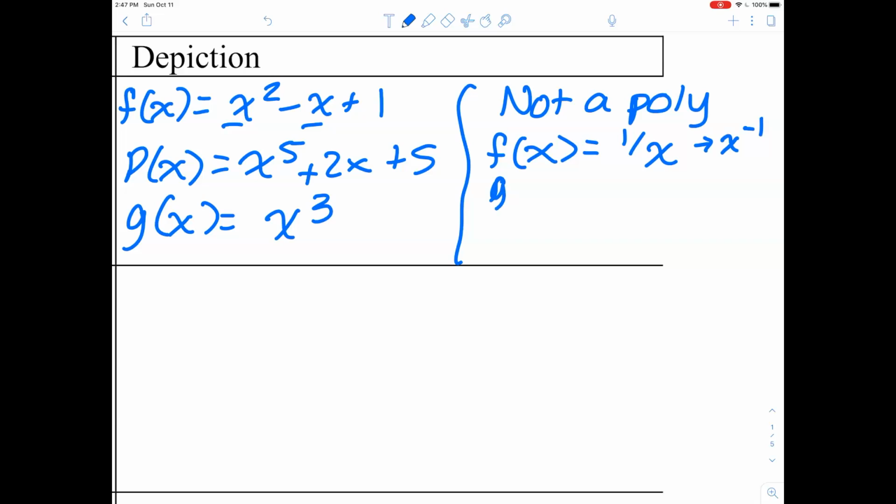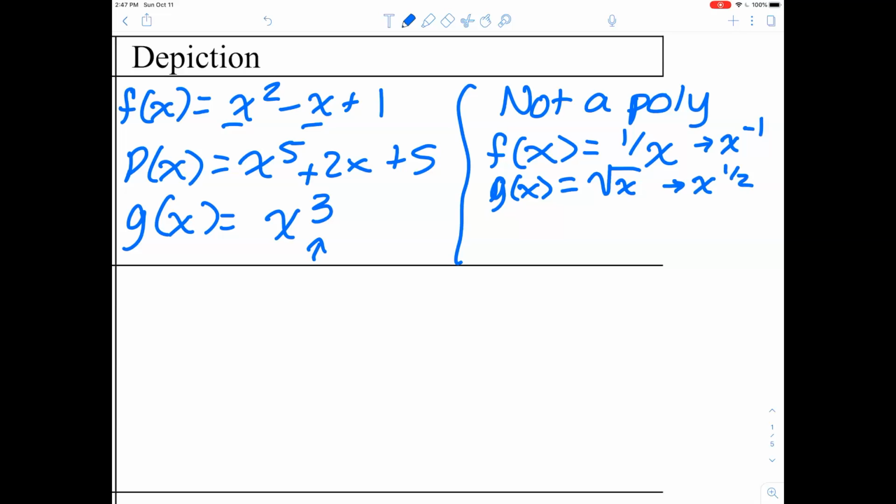Another one that you might wonder if it's a polynomial would be the square root of x. Square root of x is not a continuous function. It starts at 0 and goes to infinity, but it doesn't go to negative infinity, whereas all of these functions do go from positive to negative infinity. If I were to write this with an exponent instead of a square root, that would be x to the 1/2.